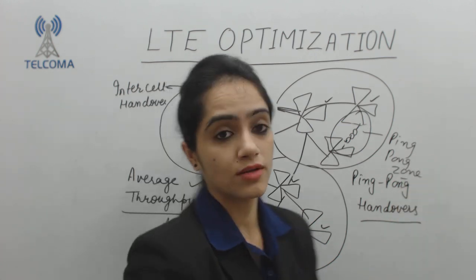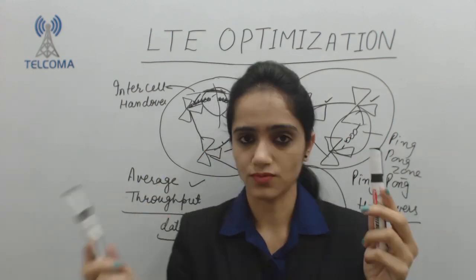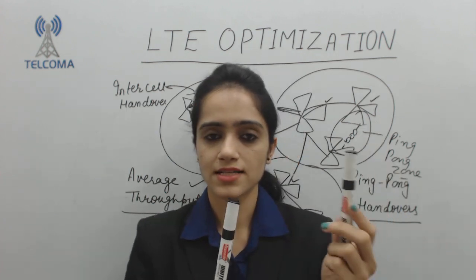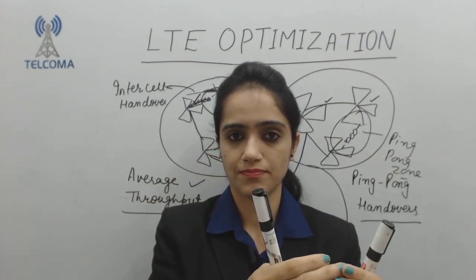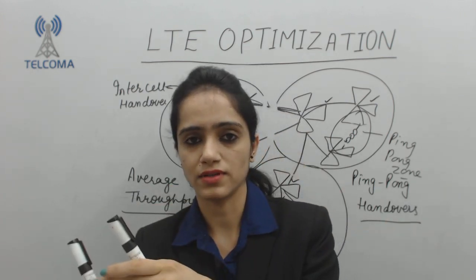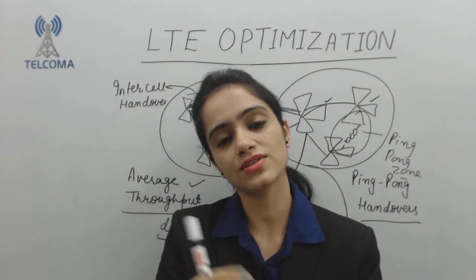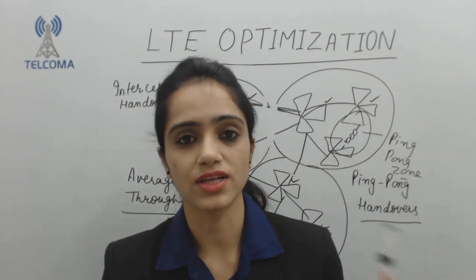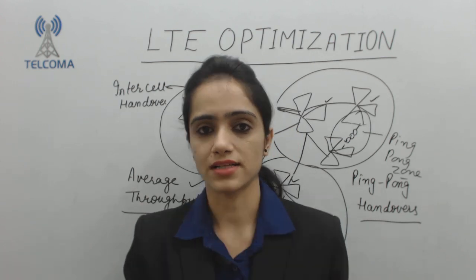Now the ping pong zone or ping pong area involves two cells. If this is my cell 1 and this is my cell 2, the UE asks for handover to this cell because the RSRP value of this one is more. So the UE will demand handover to this cell. Then the other becomes more, so handover again to the first, handover to 1, then to 2, then to 1. That means you have continuous handover between two cells because your RSRP values are fluctuating, and your user equipment is confused about where to attach.